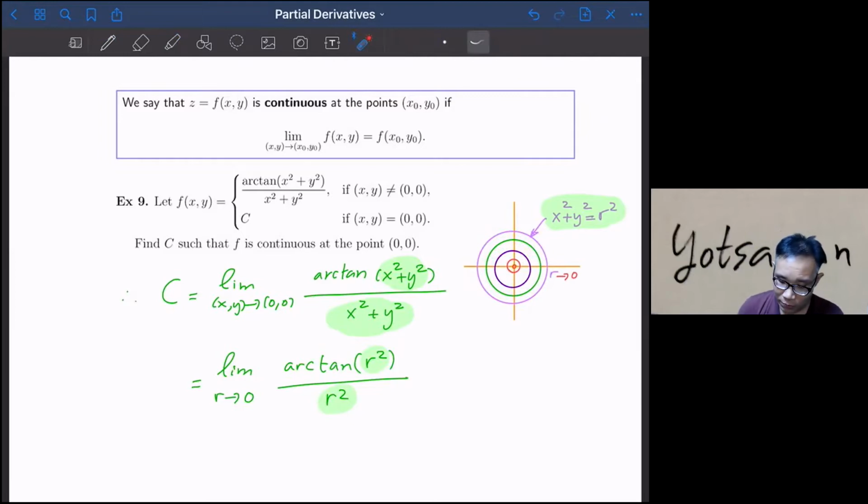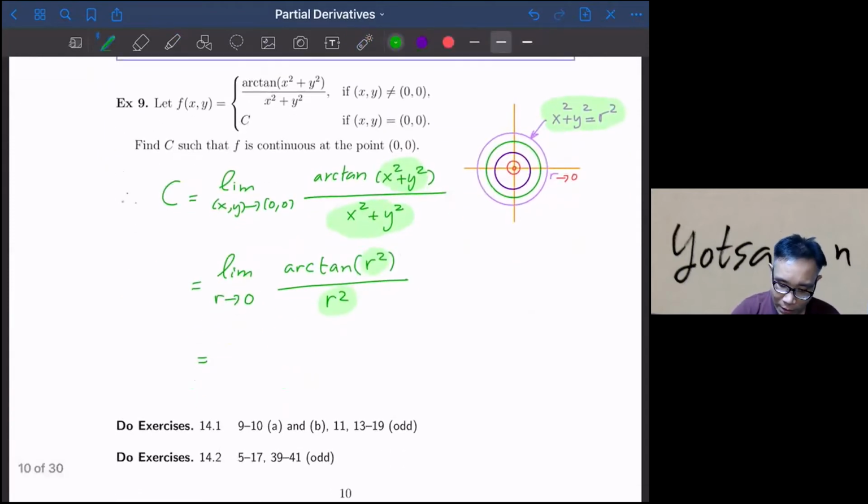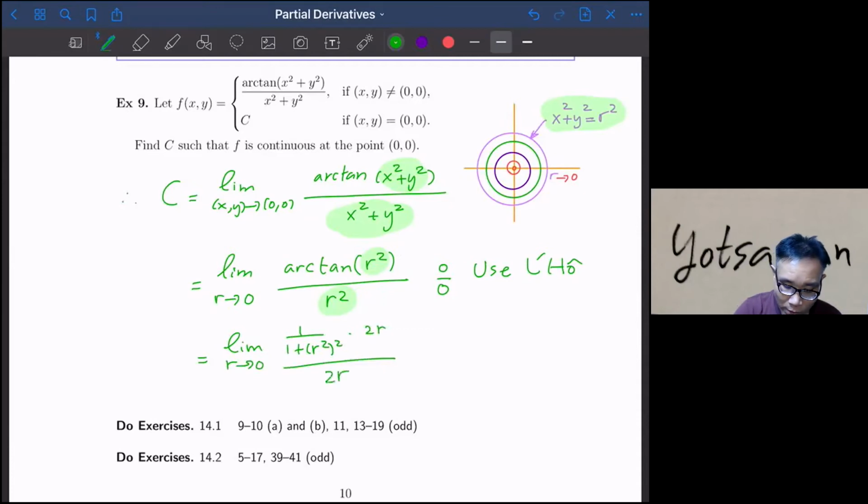And you see that this limit turns out to be the same, and we can compute it because it becomes 0 over 0, so we use L'Hopital. We find the derivative of arctan of r squared. So it's the limit as r goes to 0. The derivative of arctan(r squared) is 1 over 1 plus r squared squared times 2r, and the derivative of r squared is 2r.